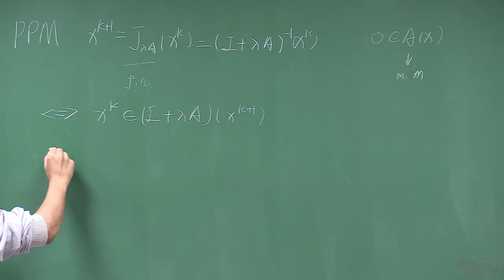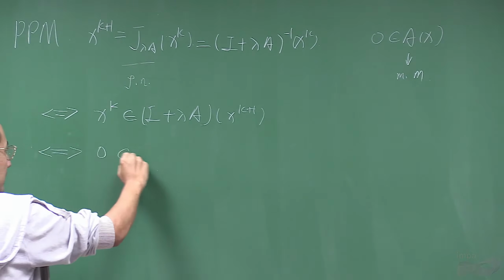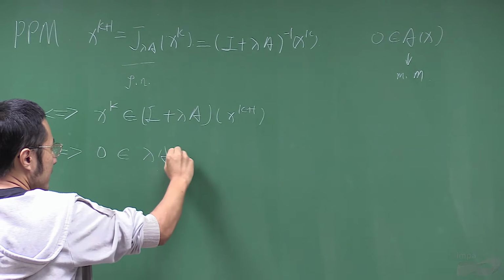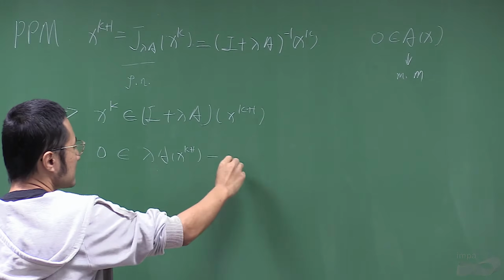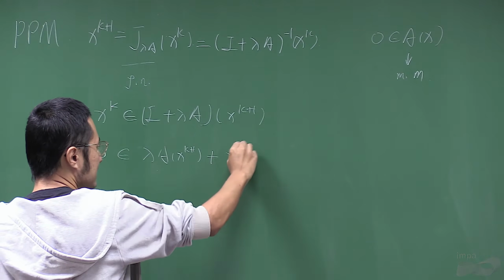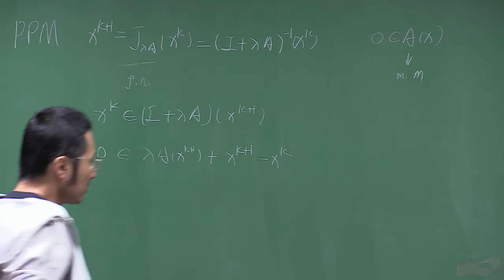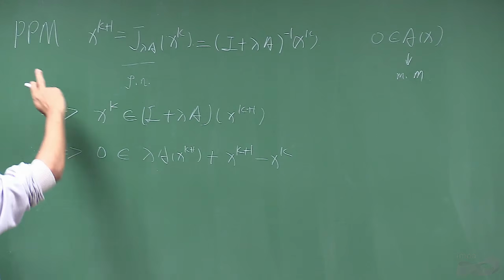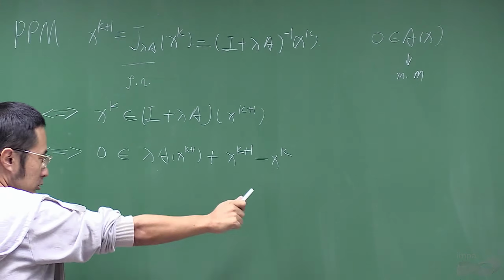And this is also equivalent to say 0 belongs to lambda A xk plus 1 plus xk plus 1 minus xk. So the proximal point method is equivalent to solving this inclusion.